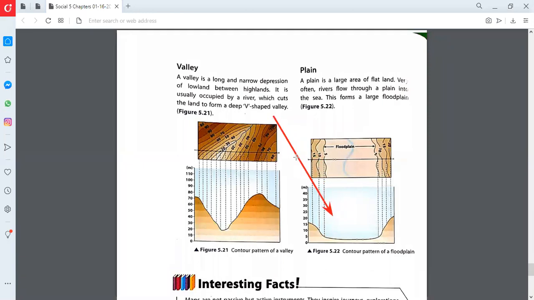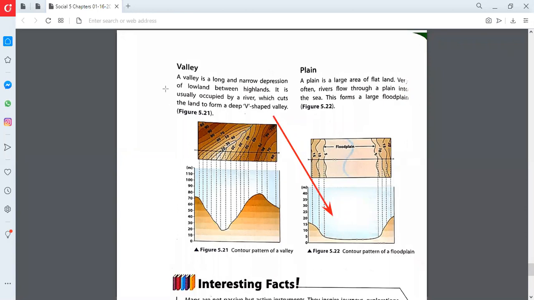If you see any surface of a river, or any place on earth where in the previous time there was water flowing or a river flowing, you will see it's a plain land. Why? Because on plain land water can flow easily.